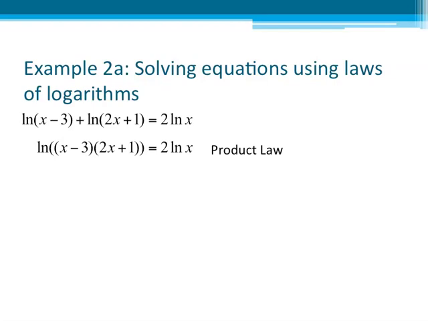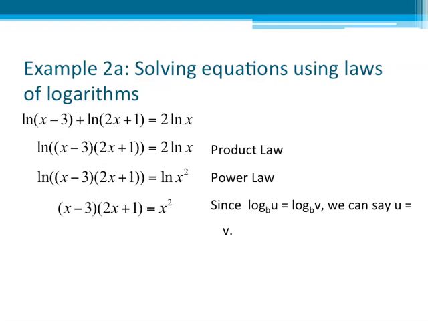So instead, we use the power law and move the 2 into the exponent. So we have ln of x squared on the right. Now we have a single logarithm on the left, a single logarithm on the right. They're both ln. So now we can simply say that x minus 3 times 2x plus 1 has to equal x squared.